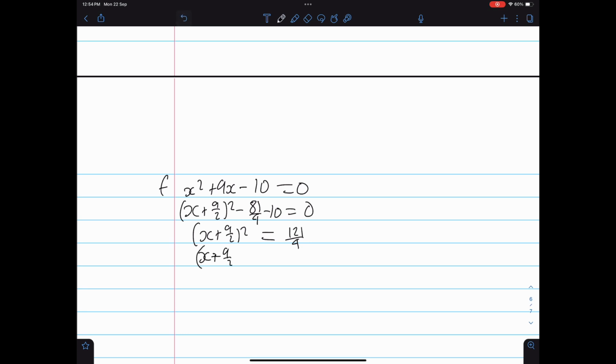So x plus 9 over 2 is either going to be 11 over 2, or it's equal to minus 11 over 2. And then you subtract that, you'll get 11 minus 9, that's 2. So 2 over 2 is 1. Subtract that again, negative 20 over 2, which is minus 10.